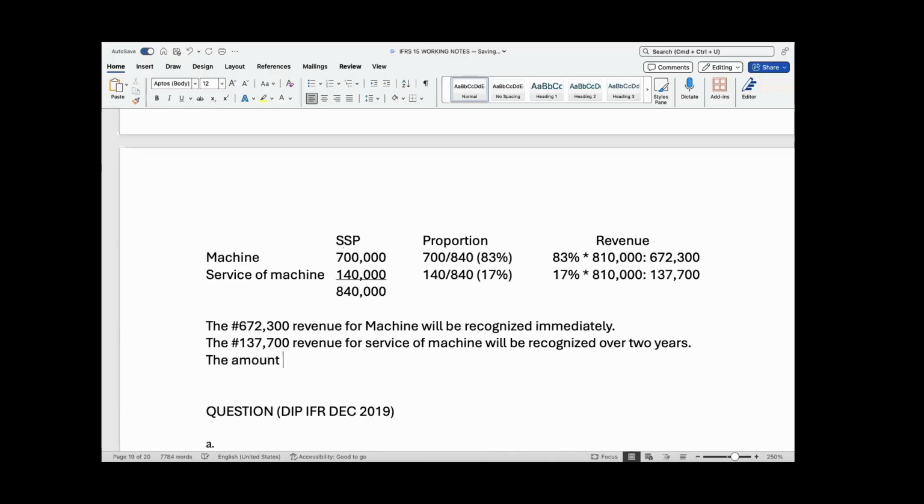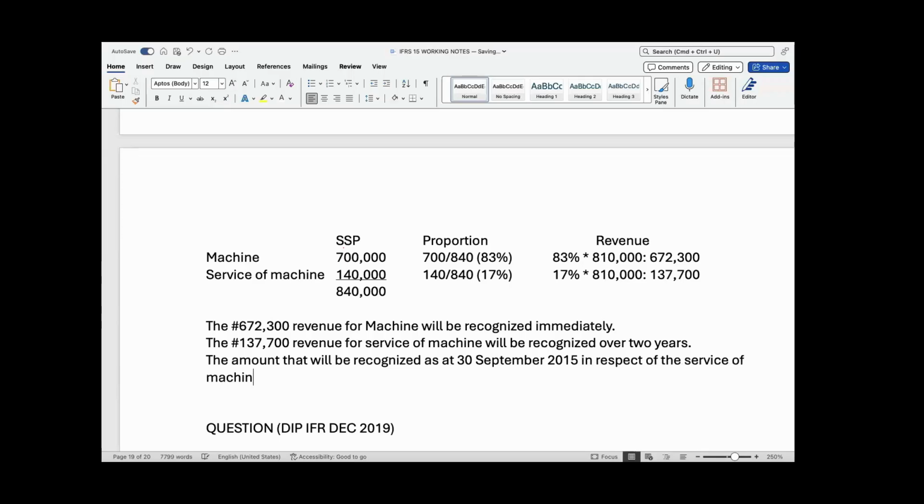So the amount that will be recognized as at 30th September, I think it's 2015, in respect of the service of machine is 1/24 of 137,700. Who can tell me the answer? How much is that? 5,738 approximately.